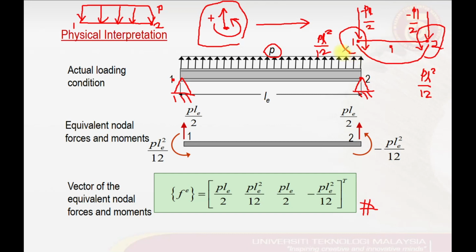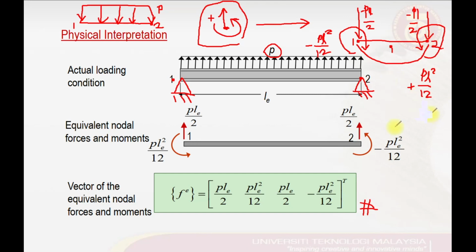At node number 1 we have rotation following the clockwise direction. On the other hand, we should have it in the anti-clockwise direction, so we put it negative there. And the rotation at node number 2 follows our positive sign convention, so we have positive PL square over 12 for the rotation at node number 2.